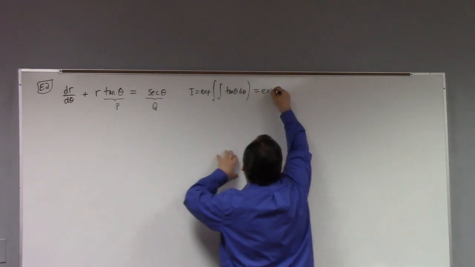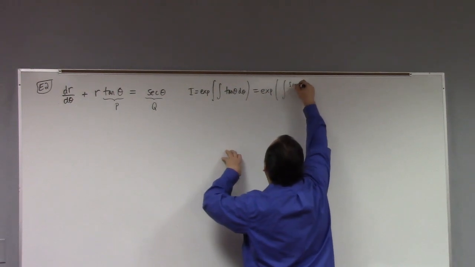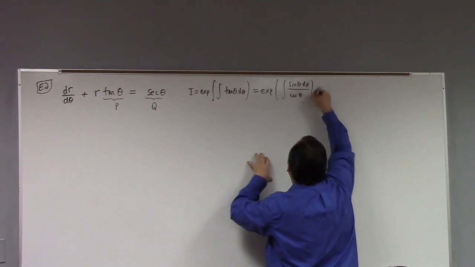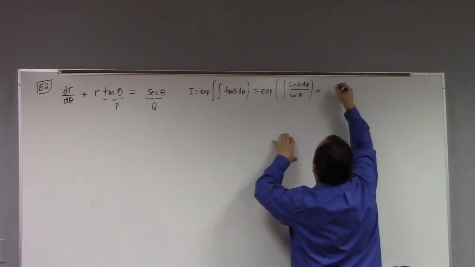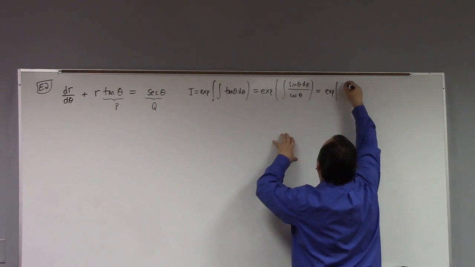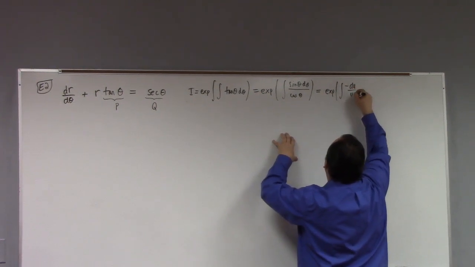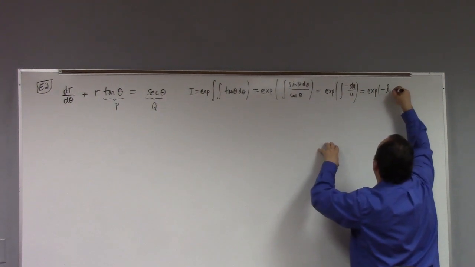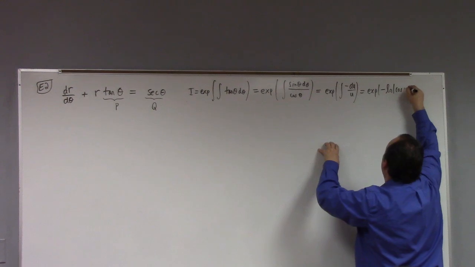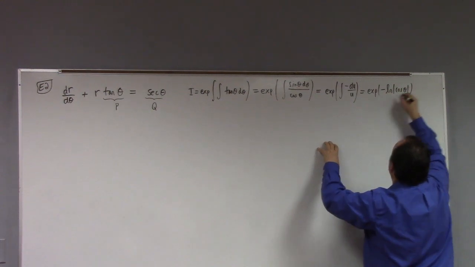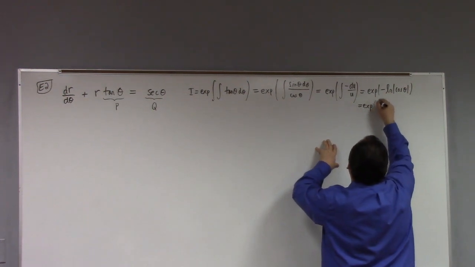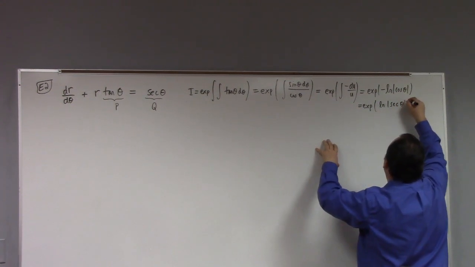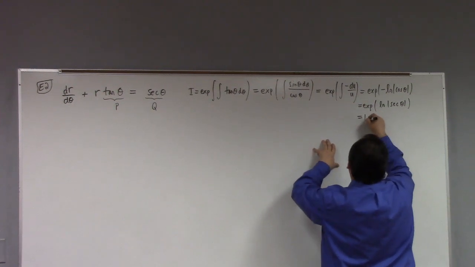That's the integral of sine theta d theta over the cosine of theta, which is the exponential of the integral of minus du over u, which is the exponential of minus the natural log of the absolute value of cosine theta. Which is the exponential of the natural log of the absolute value of secant theta, which is the absolute value of secant theta.